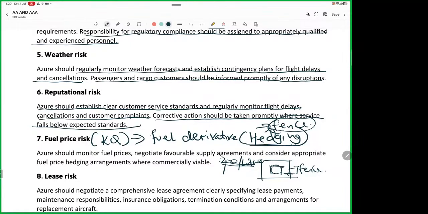If it goes beyond that, as we are protected, we can only pay a maximum of 200. And for buying this derivative, then automatically we shall be charged. AZUA should monitor fuel prices, negotiate favorable supplier agreements, and consider appropriate fuel hedging arrangements where commercially viable.